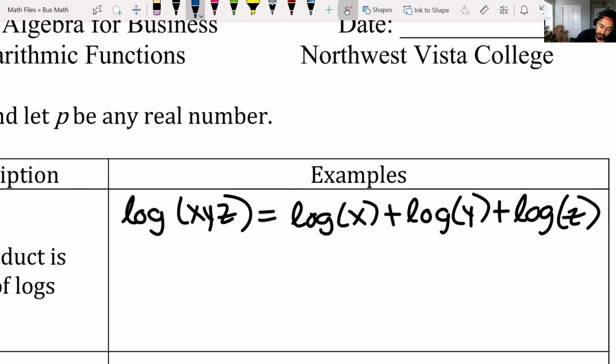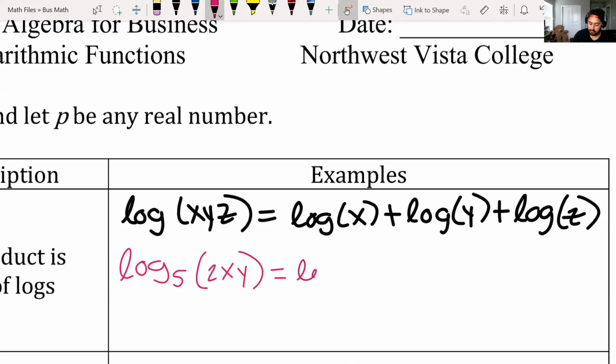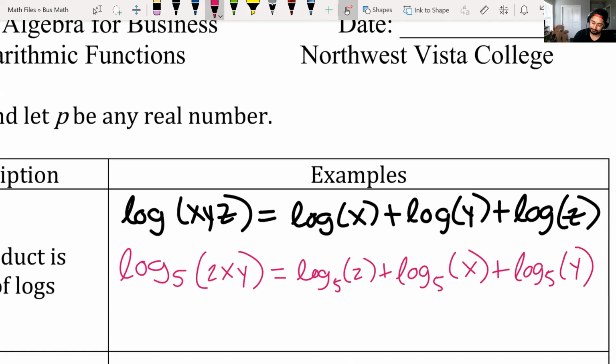Okay, another one. Let's say I have log base 5 of 2xy. I can make this log base 5 of 2 plus log base 5 of x plus log base 5 of y.